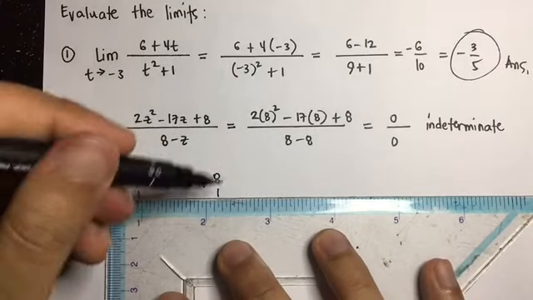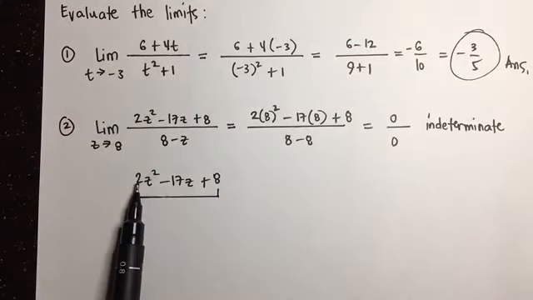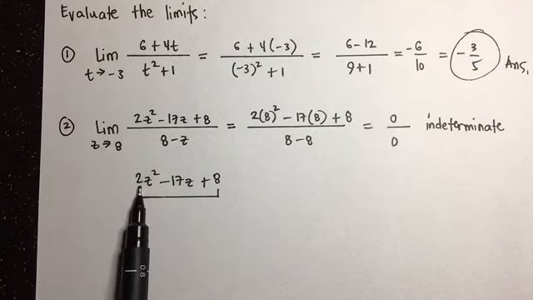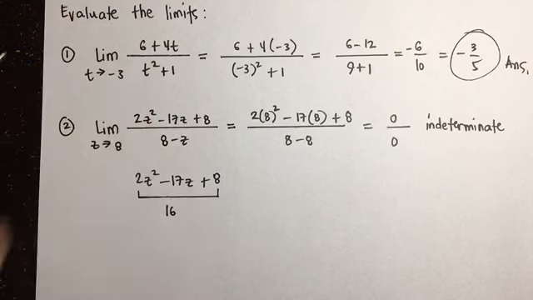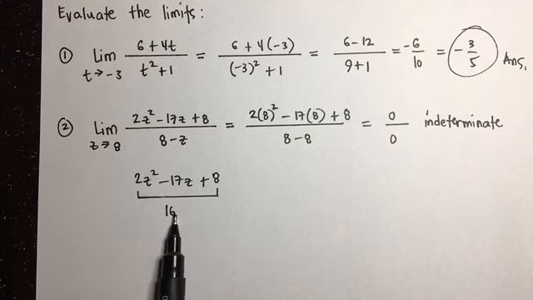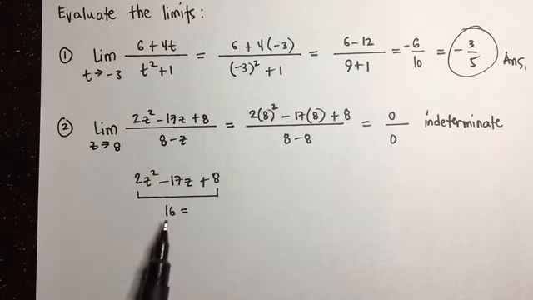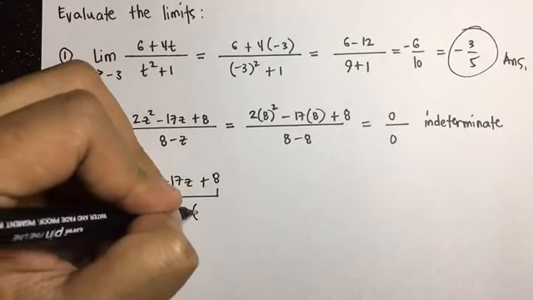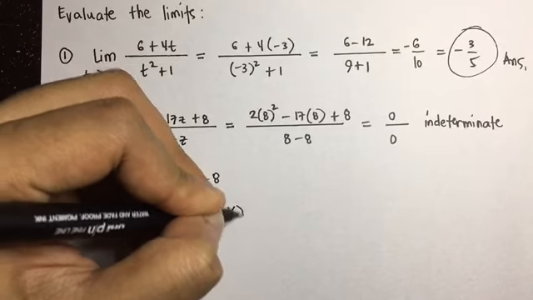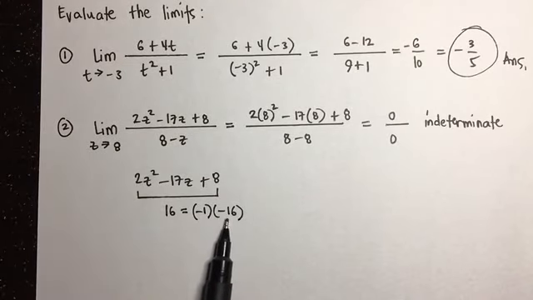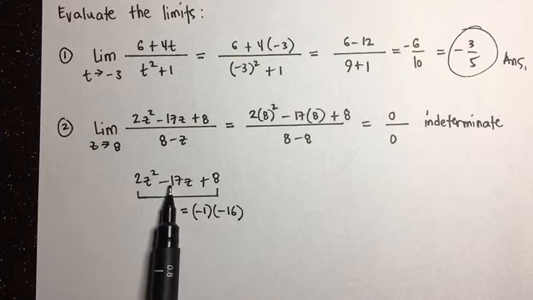We multiply the coefficients of the first and the last terms, so 2 times 8 is 16. Next, we find factors of 16 such that the sum of the factors is negative 17. We can have negative 1 and negative 16, since negative 1 times negative 16 is positive 16, and negative 1 plus negative 16 is negative 17.